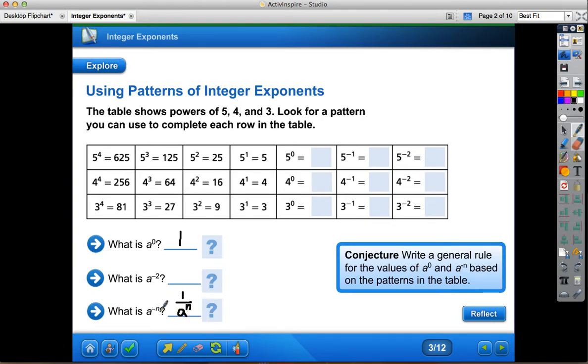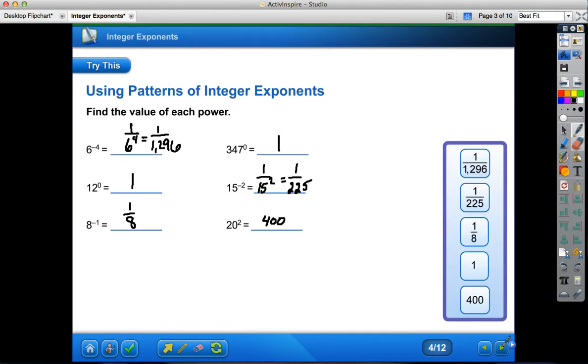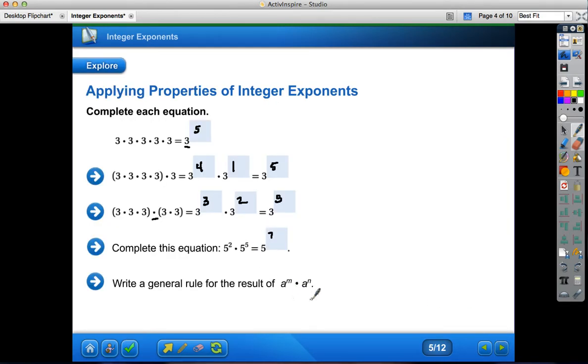Okay, so a to the negative n is going to turn out to be 1 over a to the n, and anything to the 0 is going to be 1. So on your own, I want you to write a general rule for what a to the m times a to the n is. How could you explain it to somebody in very general terms, what you would do to easily solve this problem?